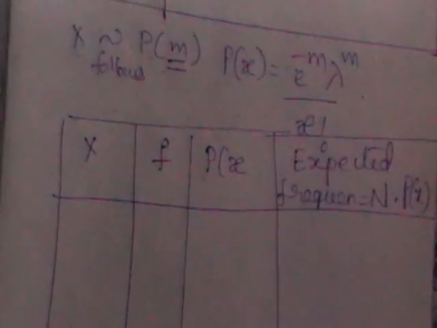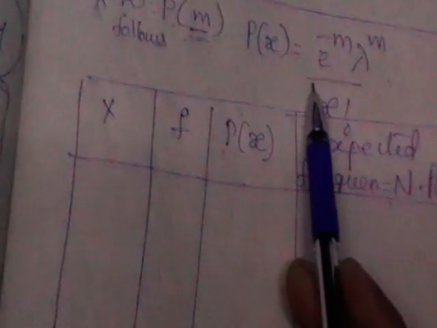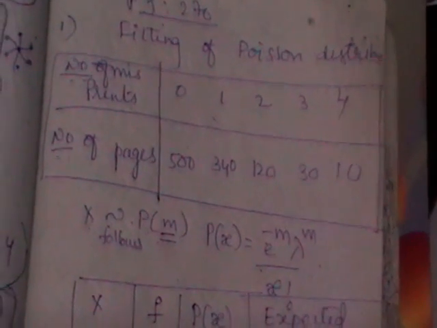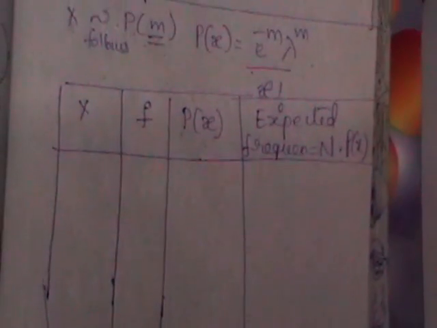If you have understood the binomial distribution, the major steps in fitting are the same. You need to calculate the third column p of x using the corresponding PMF, then calculate expected frequencies using n into p of x. The condition is that the total of the frequencies should be equal to the total of the calculated expected frequencies. So let us go to the problem.